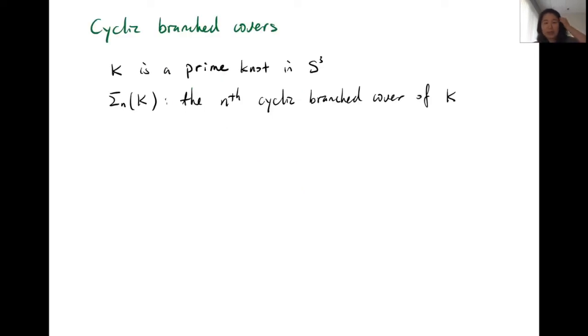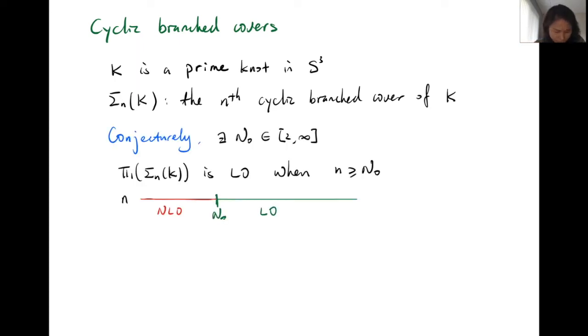Let's first look at cyclic branched covers. For simplicity, I will just assume K is a prime knot in S^3. So the n-fold cyclic branched covers, denoted by Σ_n(K), are irreducible. Conjecturally, for any given knot, there should be an integer n_0 between 2 and infinity, such that π_1 of the cyclic branched cover is left orderable as long as n is greater than or equal to n_0.